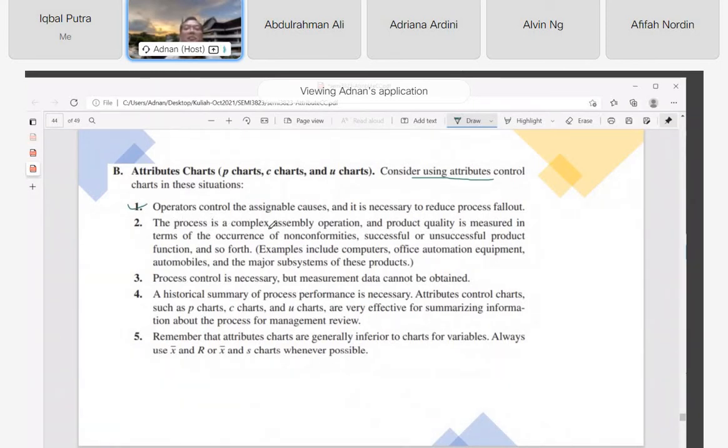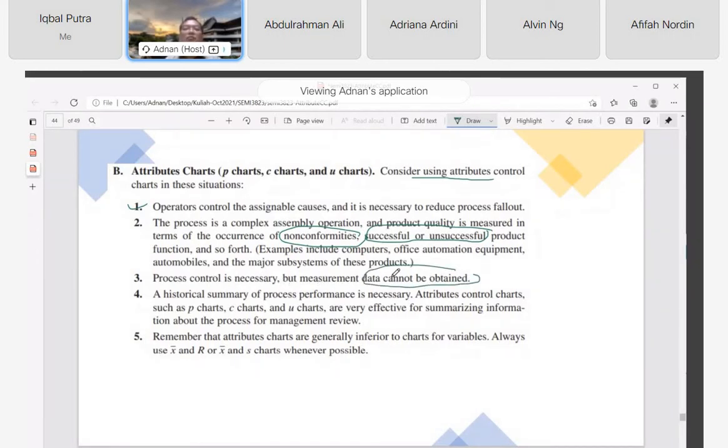The process is a complex assembly operation and product quality is measured in terms of occurrence of non-conformities. Successful or unsuccessful, meaning there is no measurement, just a go and no-go. So process control is necessary, but measurement data cannot be obtained.